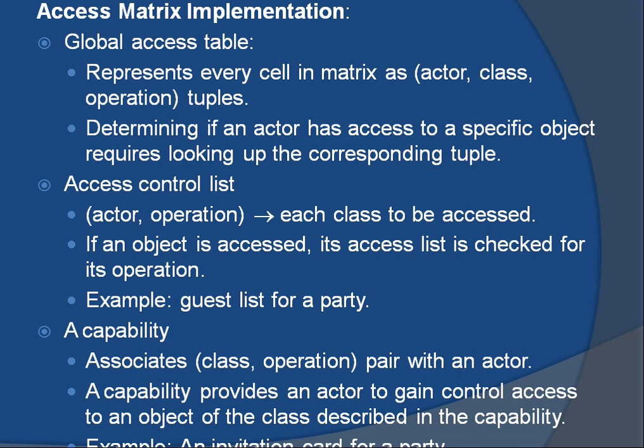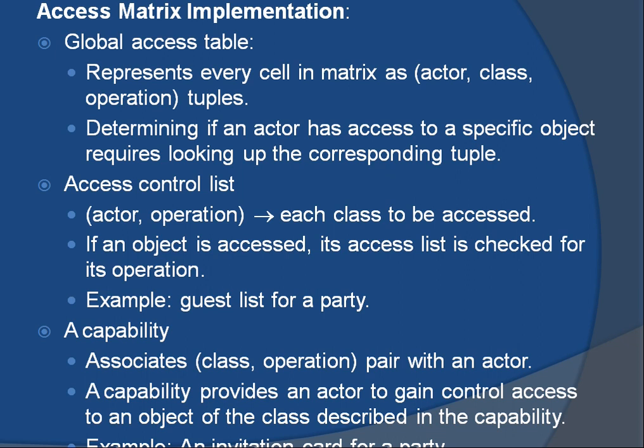Every cell in the global access table will have a tuple including these three: actor, class and operation. Determining if an actor has access to a specified object requires looking up the corresponding tuple. If you want to find out which actors have which access right, then you have to look at a particular tuple combination in the table.